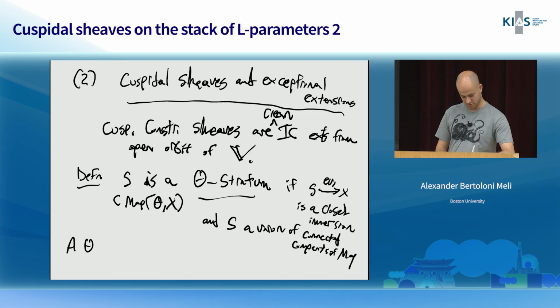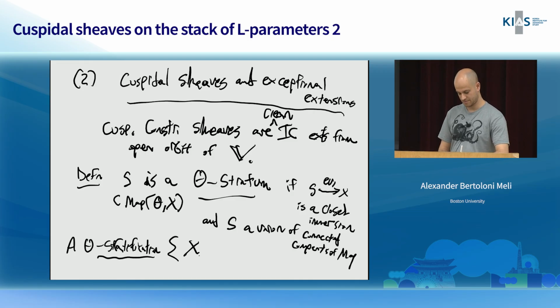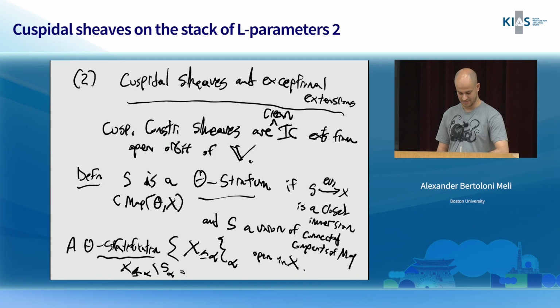And a theta stratification is some collection of increasing open substacks of X such that X less than or equal to alpha minus some stratum S alpha is a union of X alpha prime for alpha prime less than alpha.